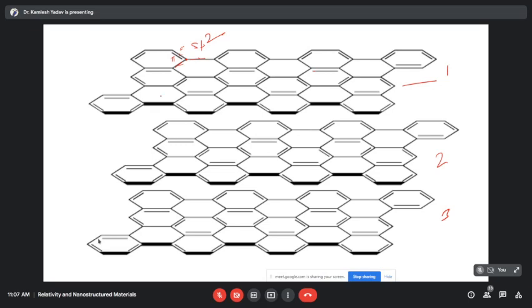So it is only sp2 hybridization: s is 1, p is 2, and one electron remains unbonded, because in the outermost shell there are four electrons. This one electron can form pi bonds which are delocalized. Therefore there are many pi bonds in graphene.